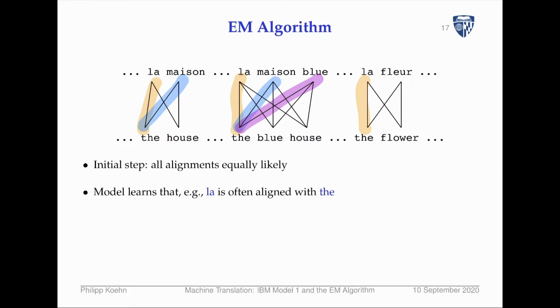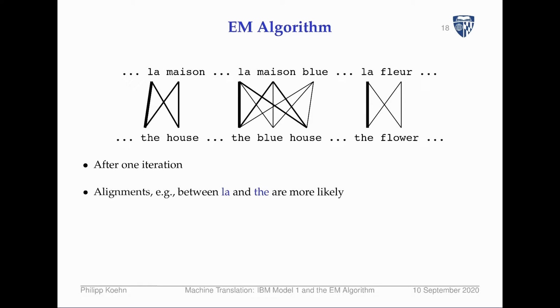And it's also aligned to the word fleur once. But 3 times it's aligned to la, twice to maison, and only once to house. So just based on these co-occurrence statistics, we would prefer that the is probably more likely to be a translation of la than any other word choice. So that's our first model.